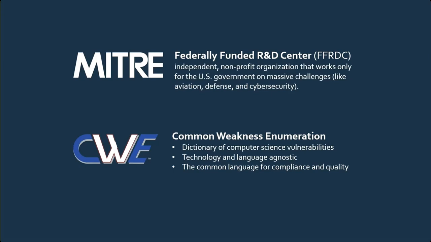So the thing that we're going to talk about is the CWE, the Common Weakness Enumerations. Think of this as a big dictionary of all of the computer science vulnerabilities that we build into software. So these are the open doors that we leave in code, or the protections that we may have skipped. CWEs are written to be technology and language agnostic.